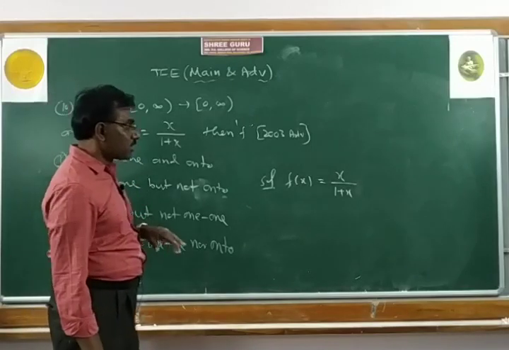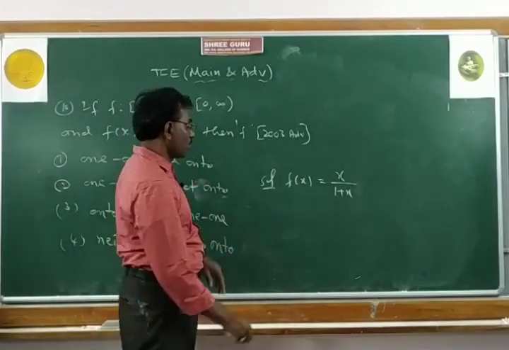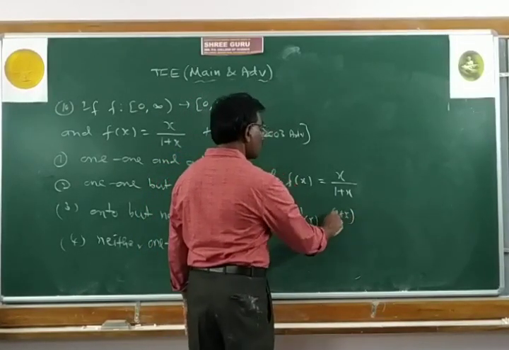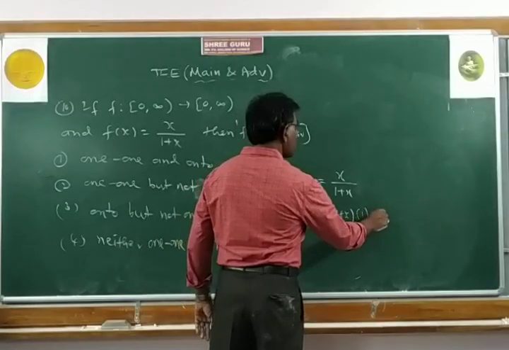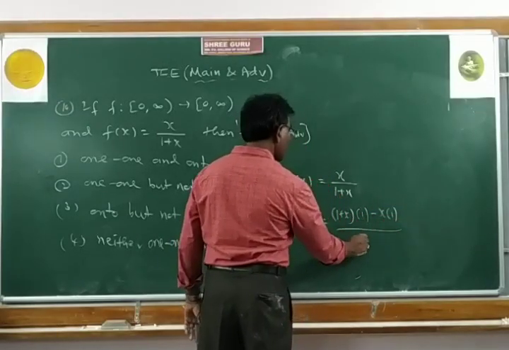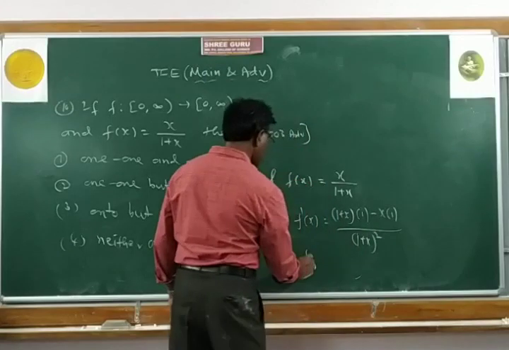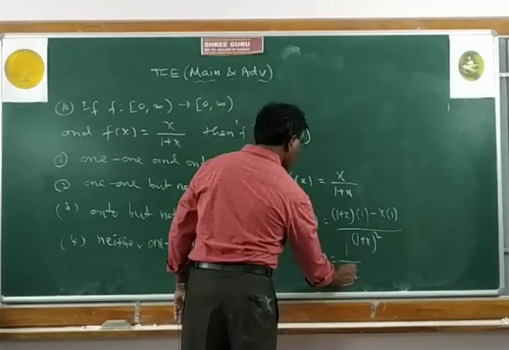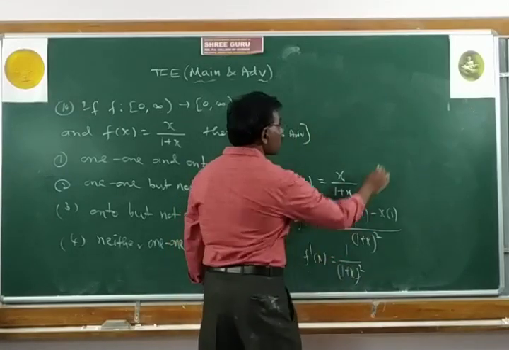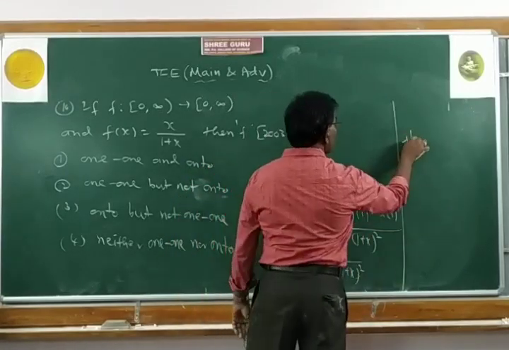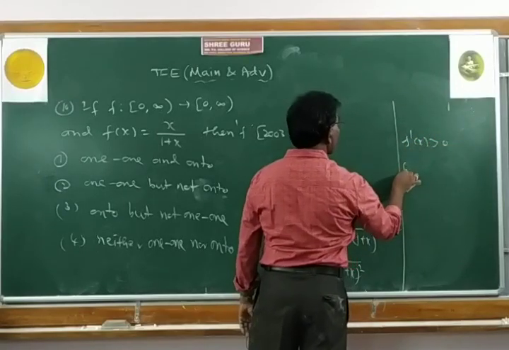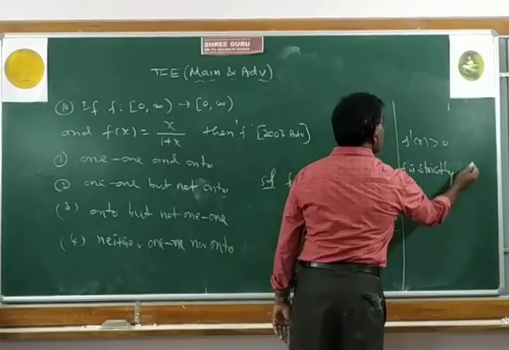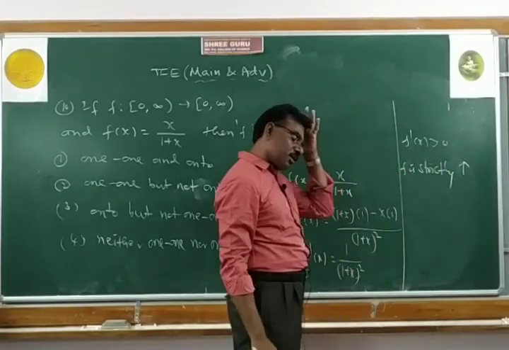So is the function increasing or decreasing? When you say increasing function, f dash of x, in differentiation by the quotient rule, is (1 plus x minus x) by 1 plus x whole square. So f dash of x is 1 by 1 plus x whole square. So f dash of x is positive, f is strictly increasing.